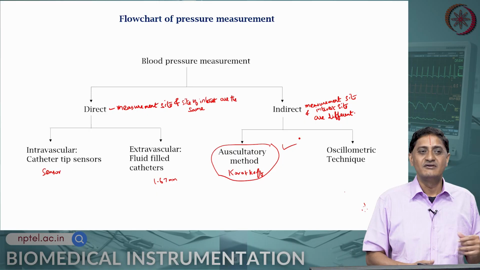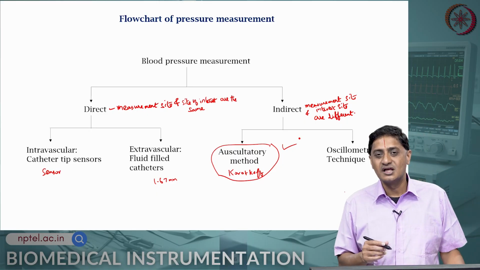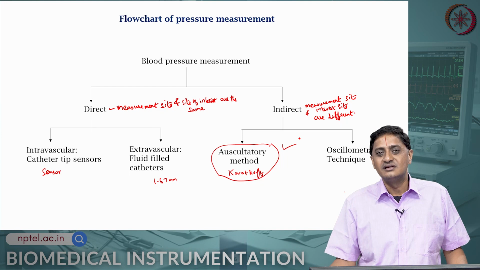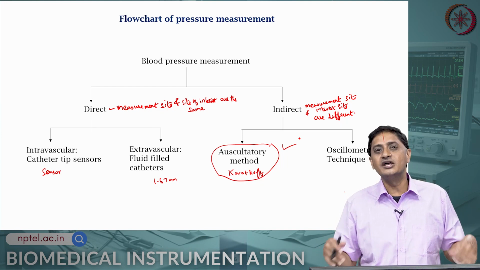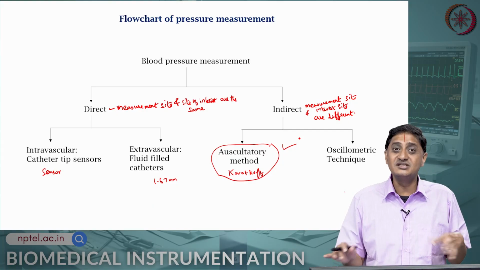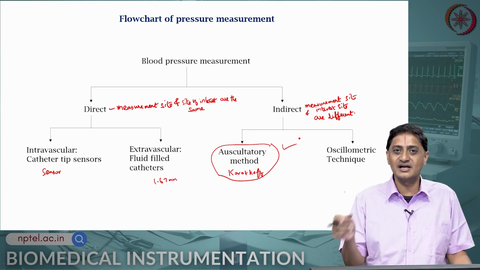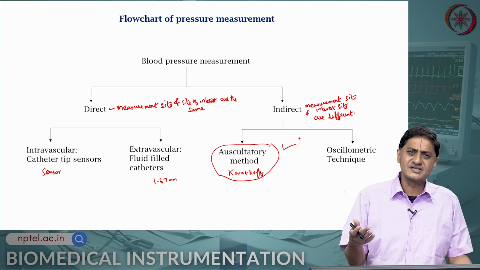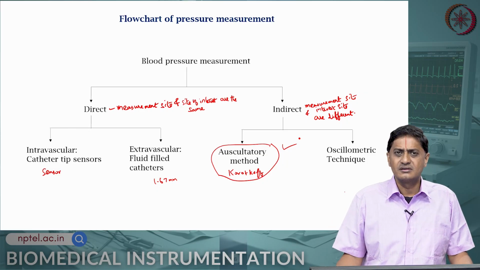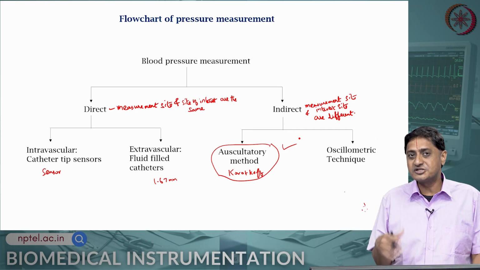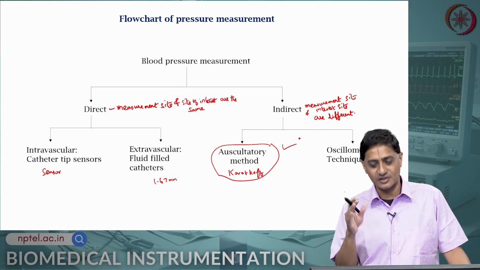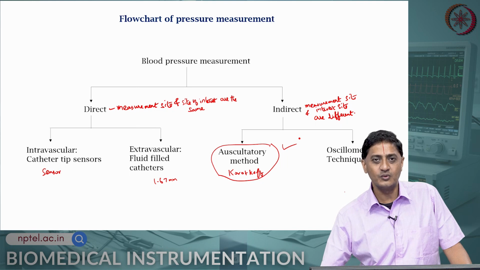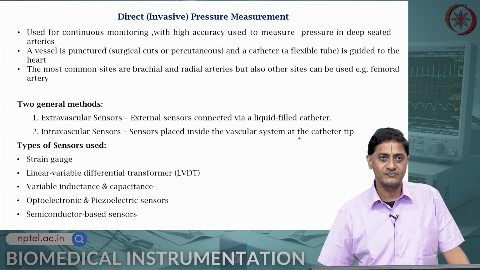That is not an issue with the direct method, except of course that introducing the catheter into the body requires a much higher level of skill. That is a different skill: the measurement itself does not require skill, but sending the catheter via various arteries or blood vessels is a great skill compared with blood pressure measurement. So, different choices. What you want depends on the particular application at hand.